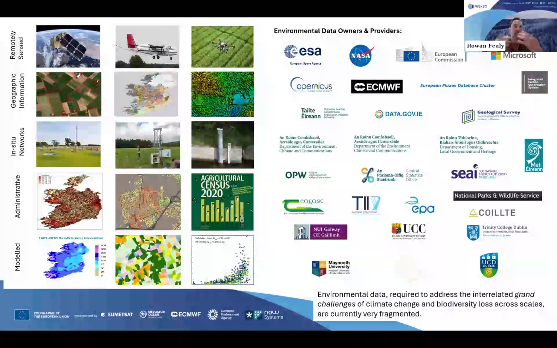If they're national data sets, you need to understand the national data holder, right down to individuals. So what we found was that environmental data required to address some of the big 21st century grand challenges around climate change and biodiversity loss are incredibly fragmented. It's also compounded by the absence of a data catalog with appropriate metadata, and also the ability to compute this data.